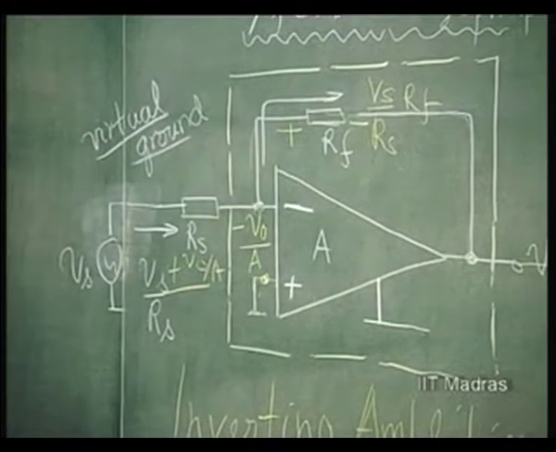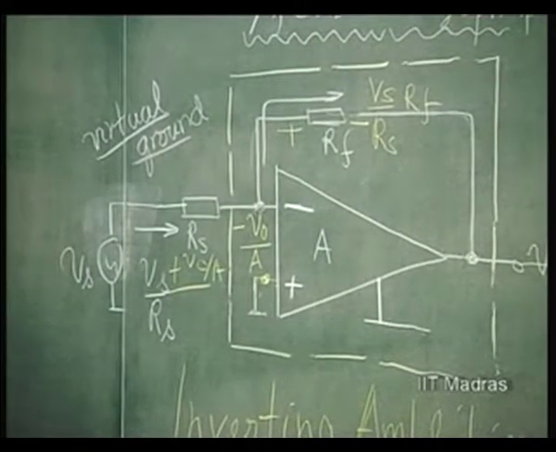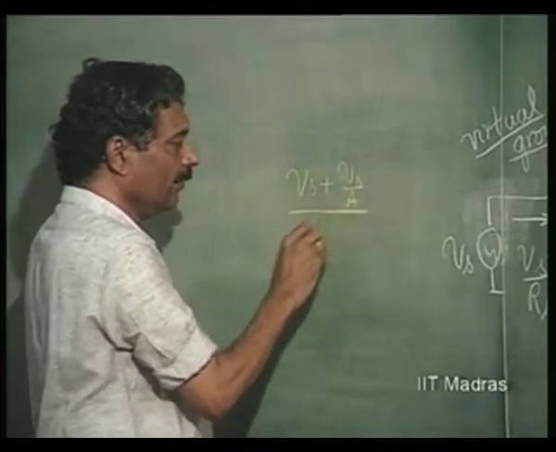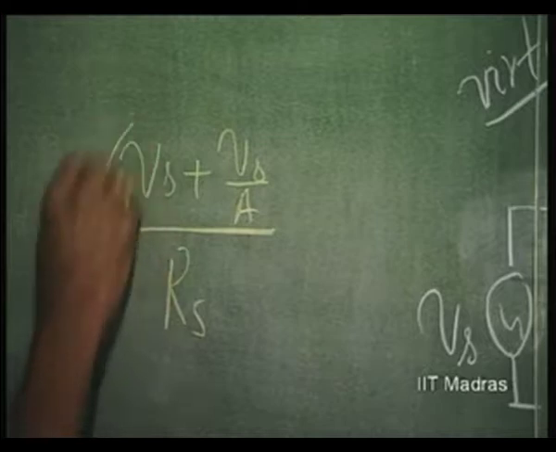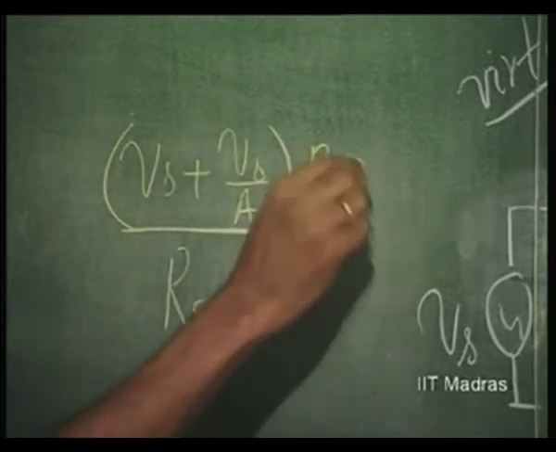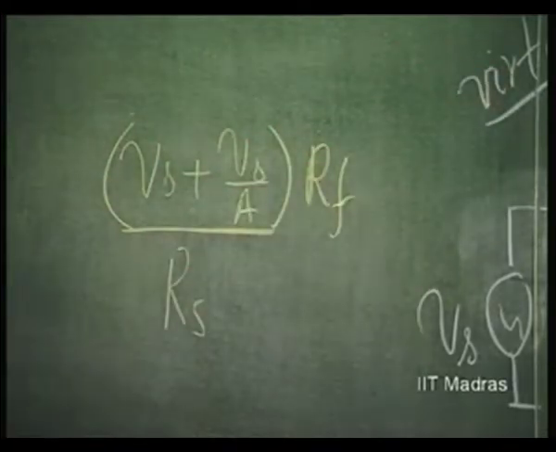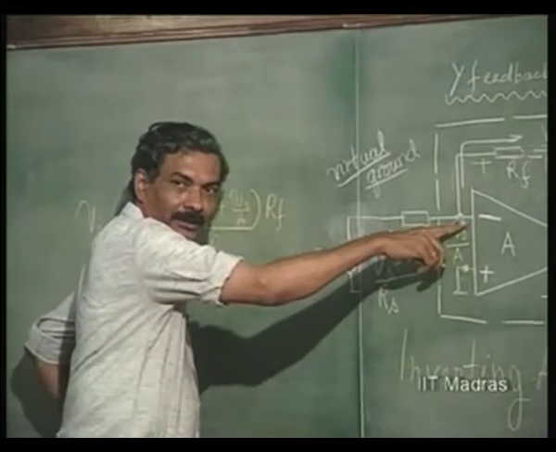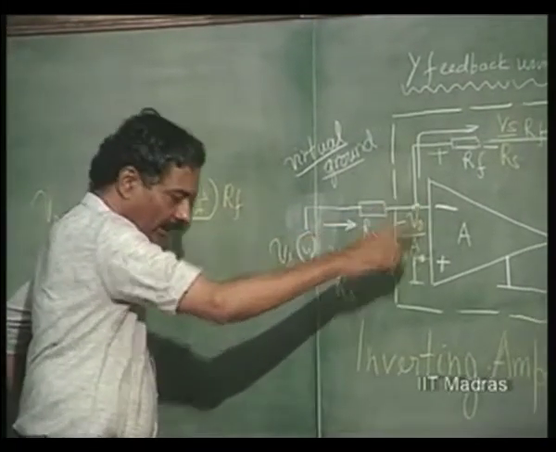Therefore, the potential is going to be Vs plus V naught by A divided by Rs into Rf instead of the earlier Vs into Rf by Rs. Therefore, V naught is going to be not 0, because this potential is not 0.